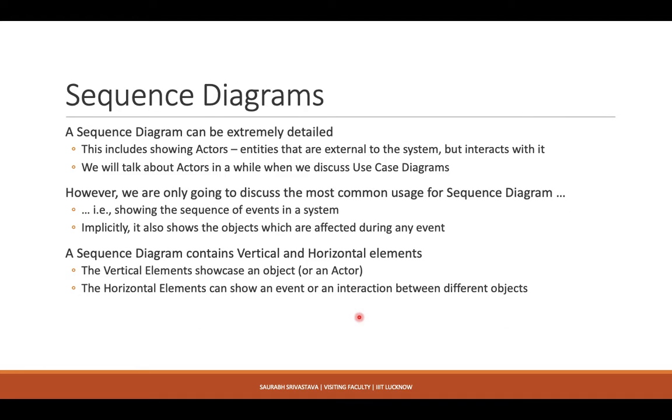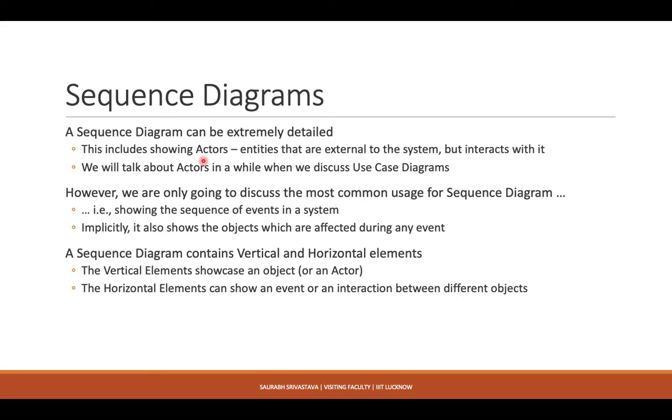Okay, you are trying to show me the relative ordering between certain events and certain interactions between objects. So, as I said, a sequence diagram can be extremely detailed. We are not really going into the details of a sequence diagram. We are only going to use the very basic elements of a sequence diagram. By the way, it is possible to include actors. Actors are basically entities which are not a part of your system, but they do interact with your system, right?